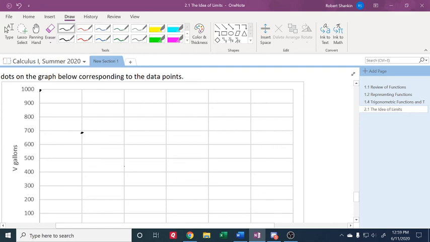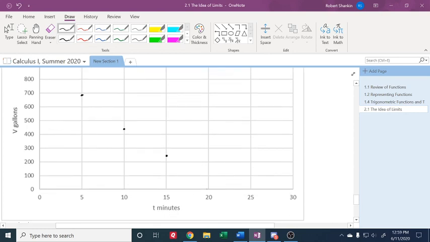These are just rough estimates of where these points go. 15, 250. 20, 111. 25, 28. And then at 30 minutes, there's 0.